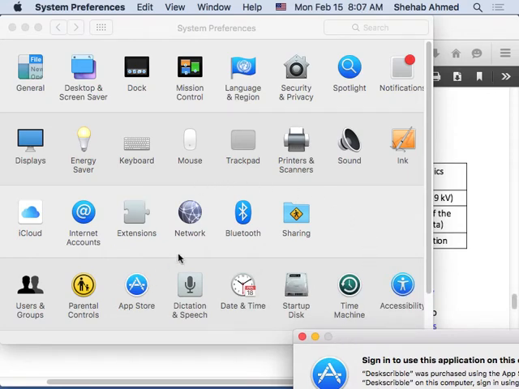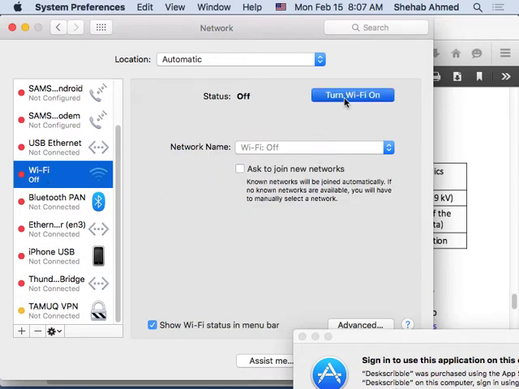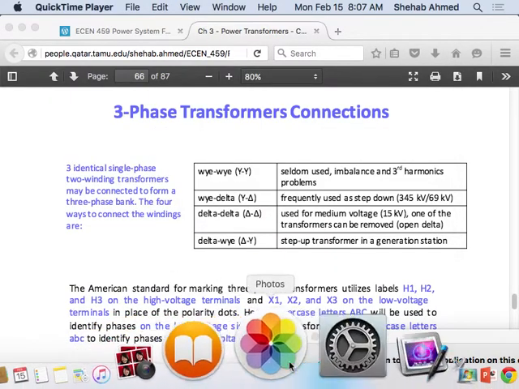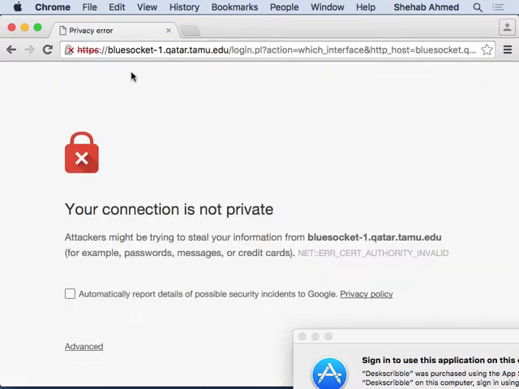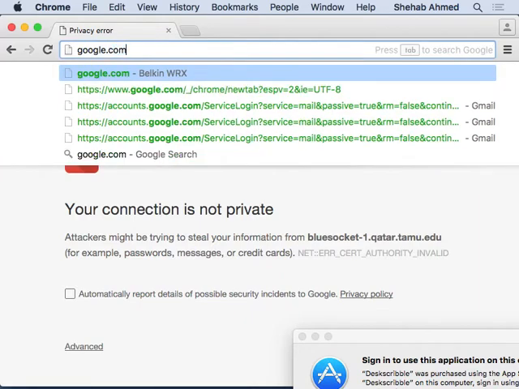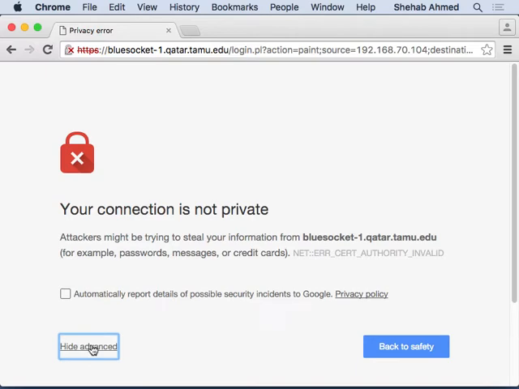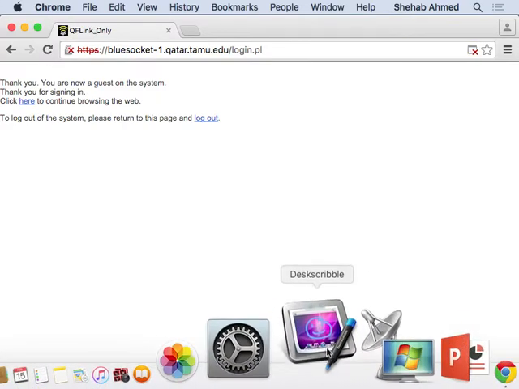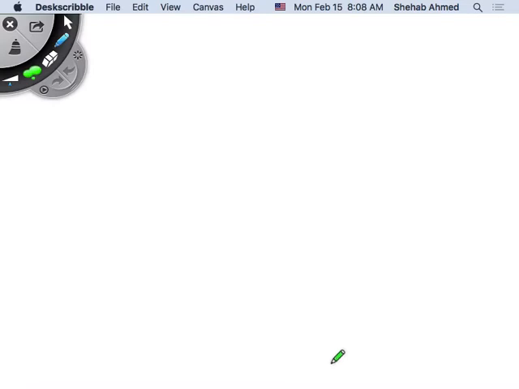Network, where's network? It's already connected.